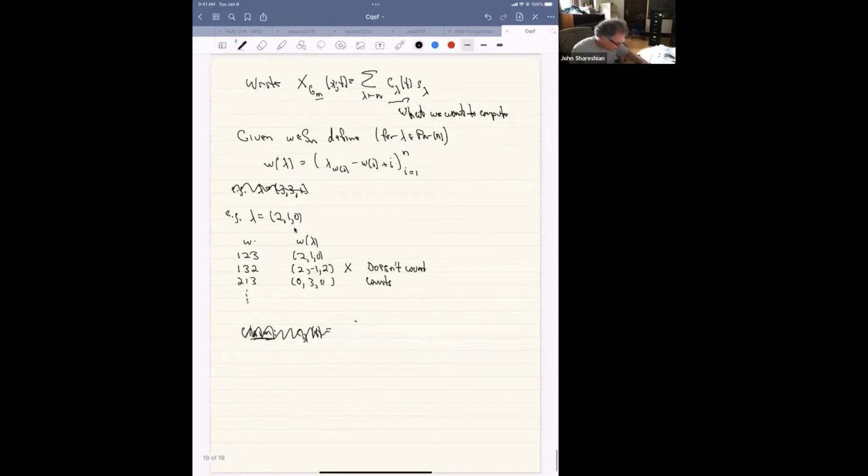I need another definition. A of P lambda, right? This is a set of pairs, A, W, right, such that W is a permutation, and A is a P-tableau, sorry, PM array of shape W lambda.